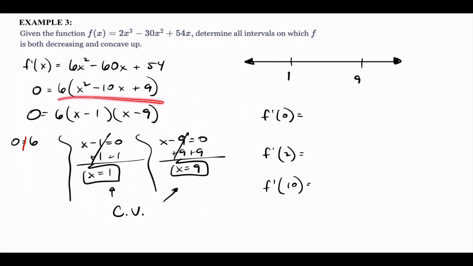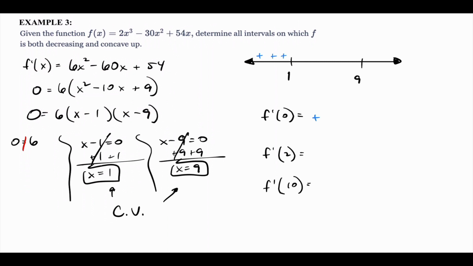Okay, so when I plug in 0 here, I get 0 minus 1 is negative 1. 0 minus 9 is negative 9. A negative times a negative makes a positive. Times positive 6, that's going to be a positive answer. This is where mental math helps you. Mental math lets you go a little faster.